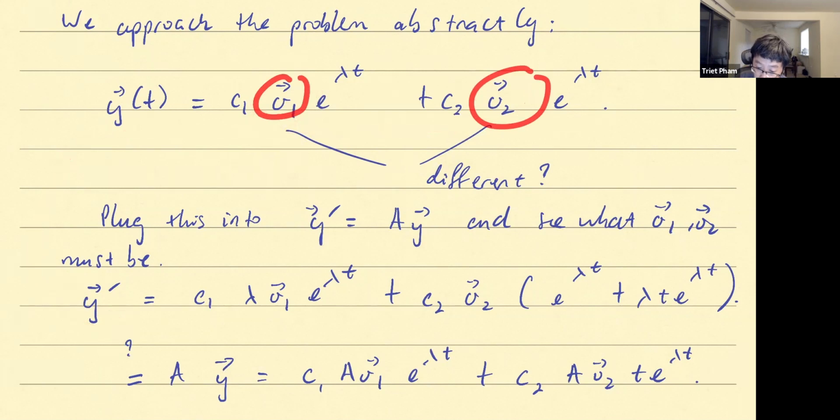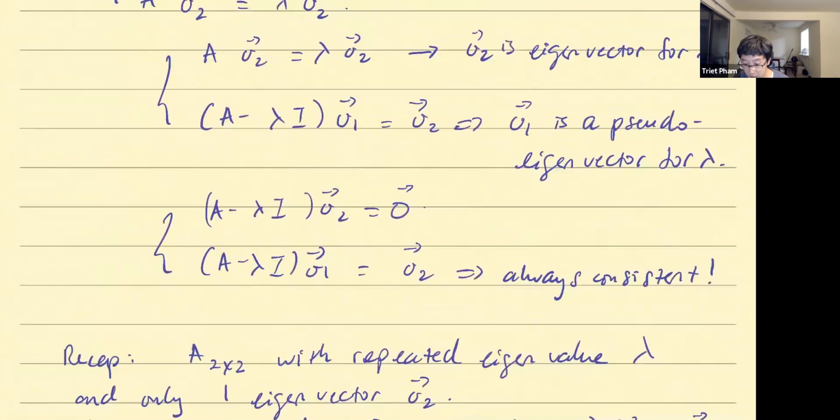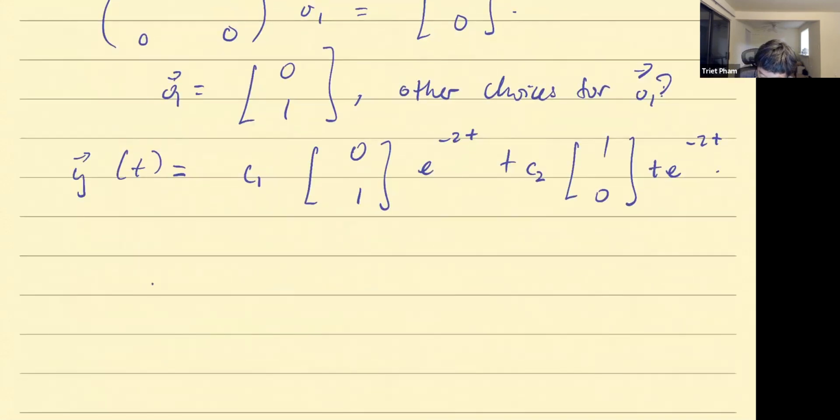You want to see that? It's very easy. Let's do that. Suppose that I assume it is C1 V1 e to lambda t plus C2 V2 e to lambda t. In fact, this is exactly what's behind our structure all the time. What's y prime?